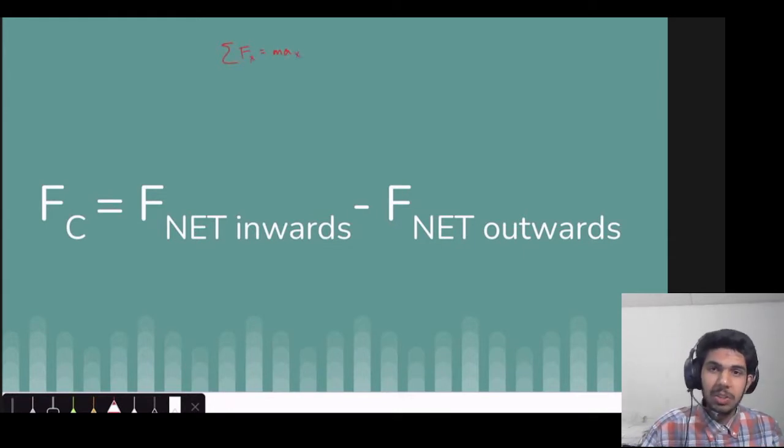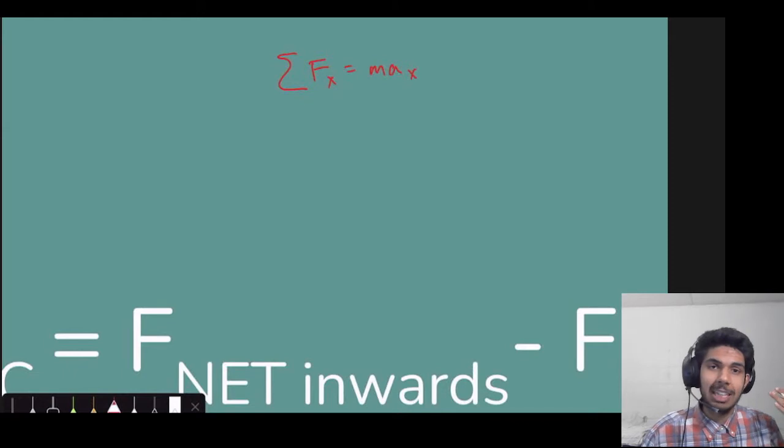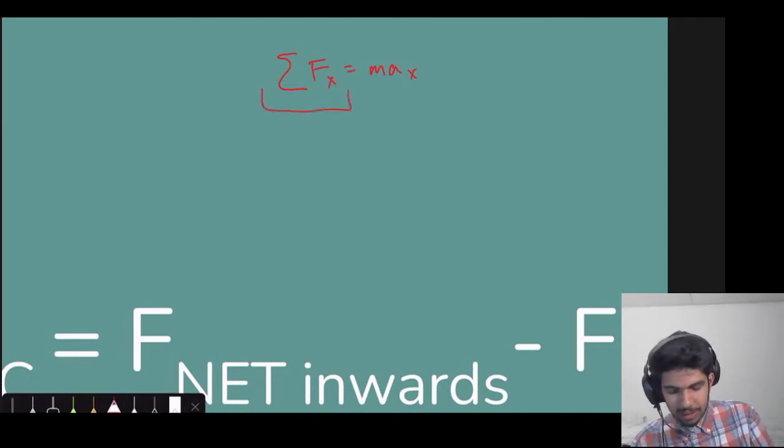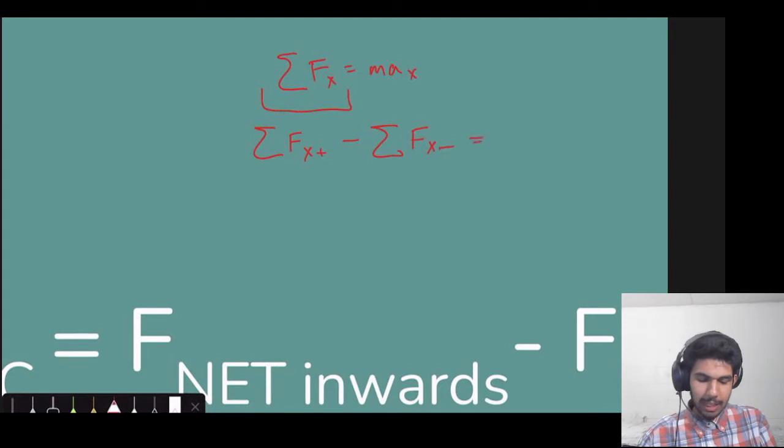What we would do is we would say that the sum of the forces would be the sum of the forces in the positive direction minus the sum of the forces in the negative direction. So we could say that this quantity here is actually the sum of the forces x in the positive direction minus the sum of the forces in the x direction, but the negative x direction. And we said that was equal to max, right?